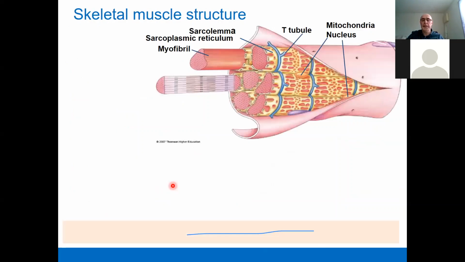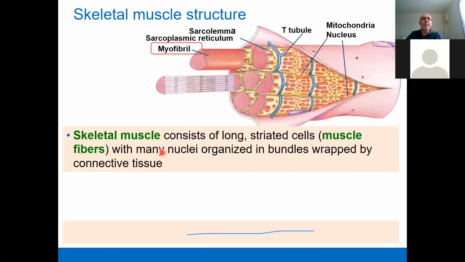As we see here, skeletal muscles consist of long striated cells, which we call muscle fibers or myofibrils, with many nuclei organized in a bundle and wrapped by connective tissues.